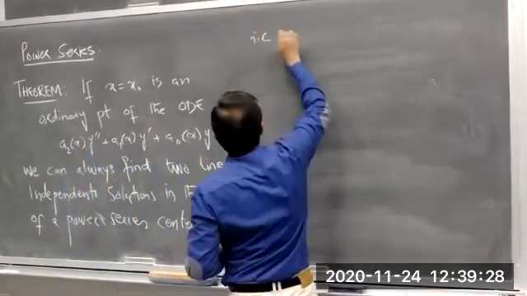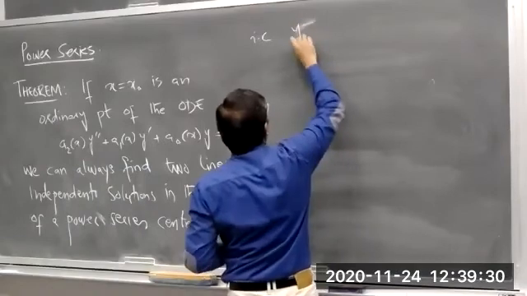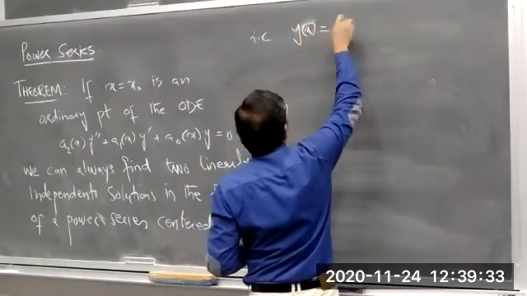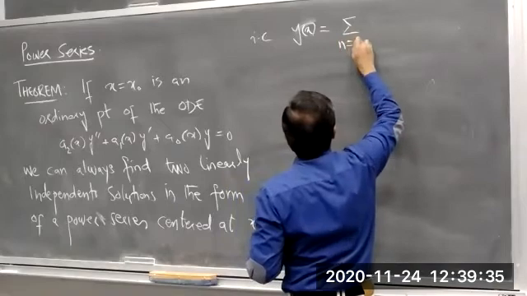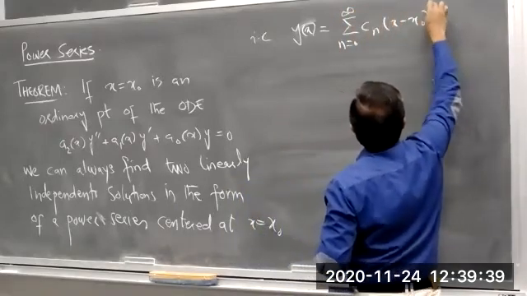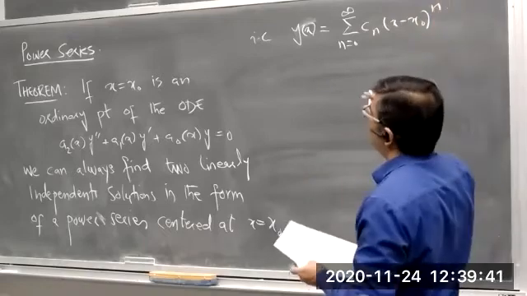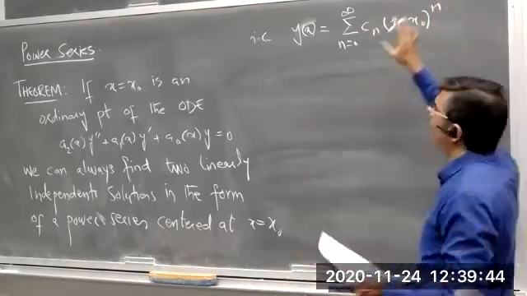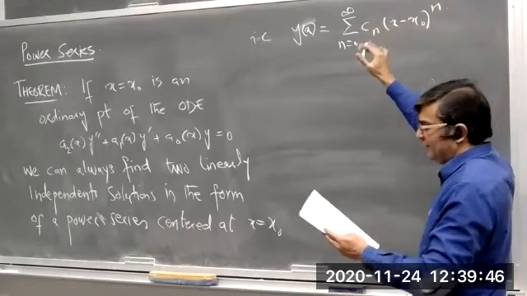That is, the power series solutions are basically of the form y of x is equal to summation n from 0 to infinity cn times x minus x naught whole raised to power n. Both solutions will be of this form, in the form of a power series.